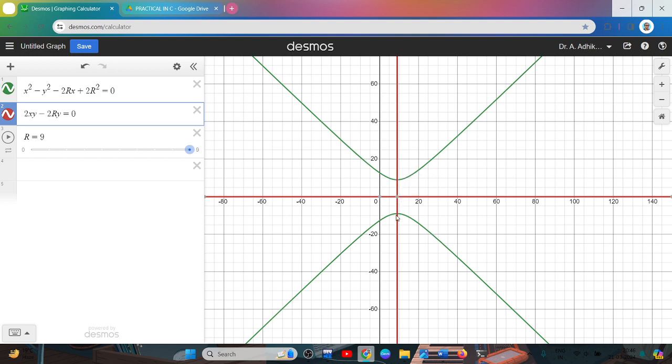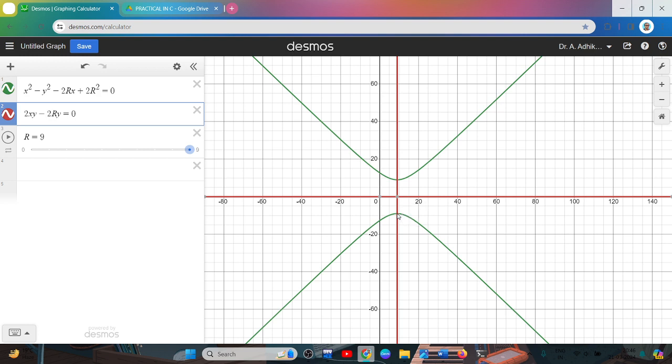And another intersecting point is 9 minus 9, that is 9 minus 9i.